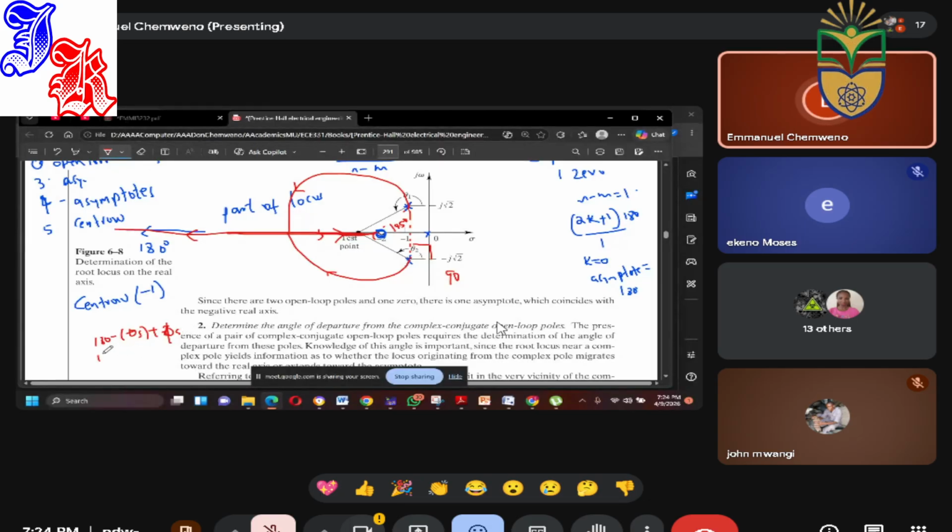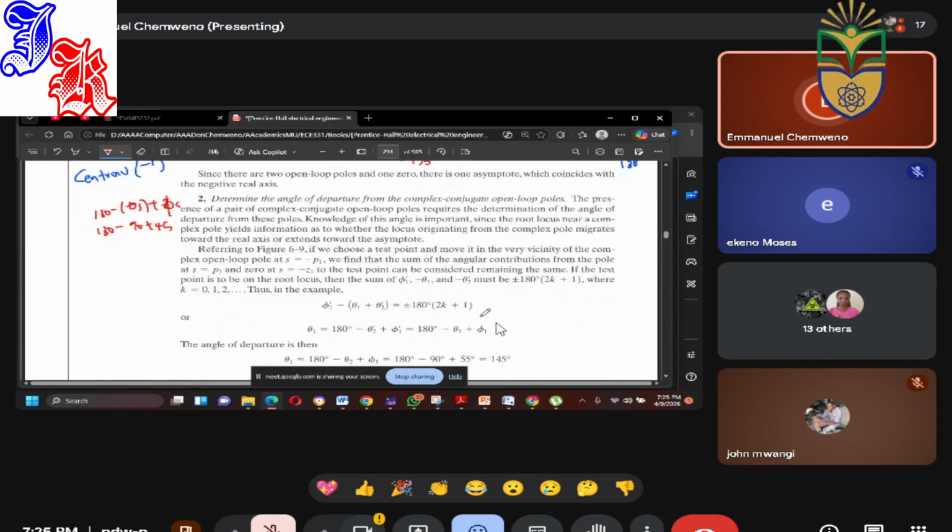So this is 180 minus the sum. It's only one pole in question, because if I join, minus 90 plus 45 is equal to 135. So if I draw it like this, 135 is that direction. So this will take off at that angle of 135, and this also will take off at negative 135. And I'll have my breaking point somewhere here.